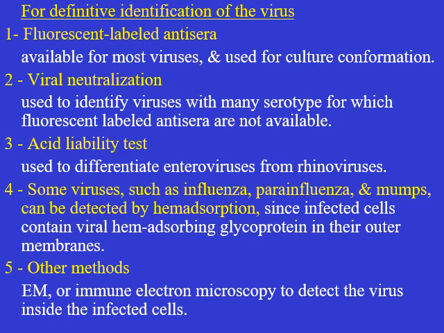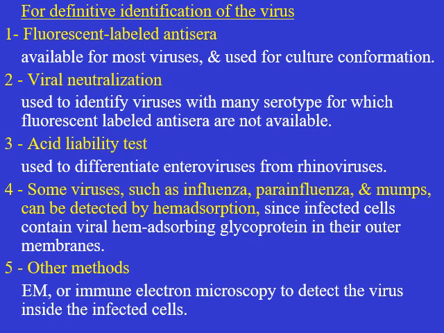For definitive identification of the virus grown on a cell culture, we have a battery of tests. First test, we can use fluorescent labeled antisera.